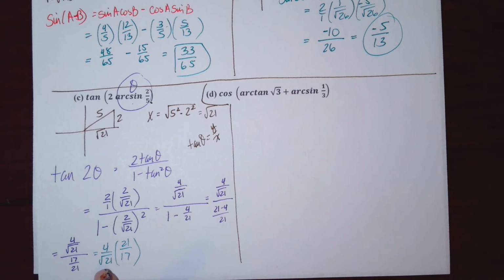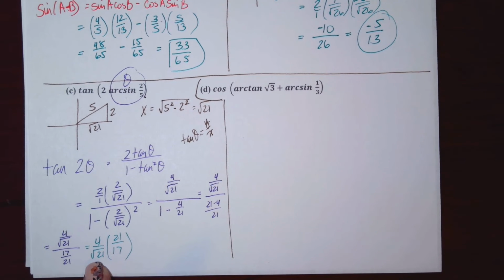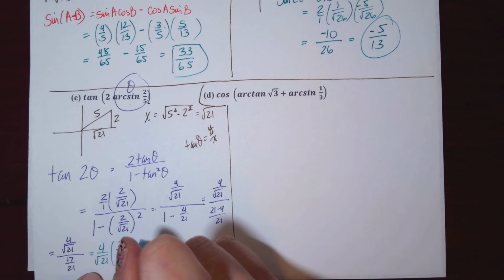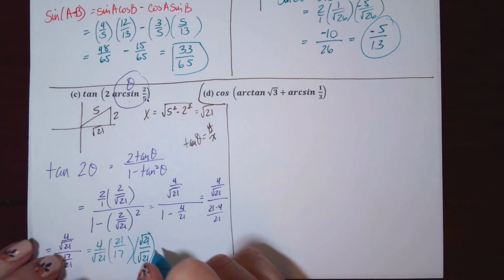Well, as I notice, I haven't worried about rationalizing anything yet, but now I see that I'm at a point where nothing simplifies as it is, and I've got this radical in my denominator, so I am going to need to rationalize. So let's multiply by square root 21 over square root 21 and see what happens here.